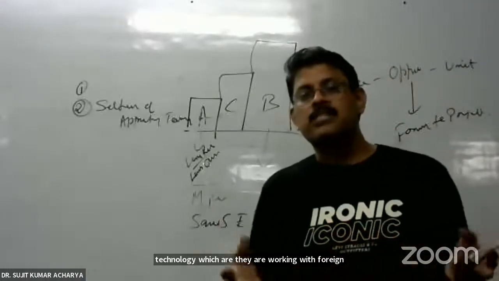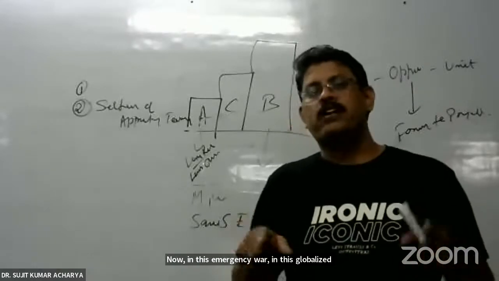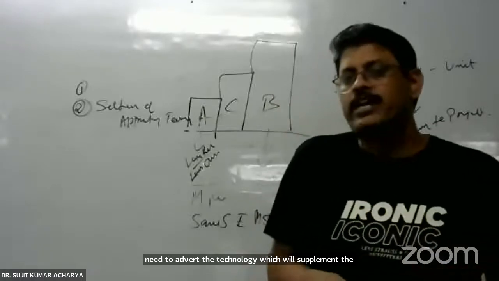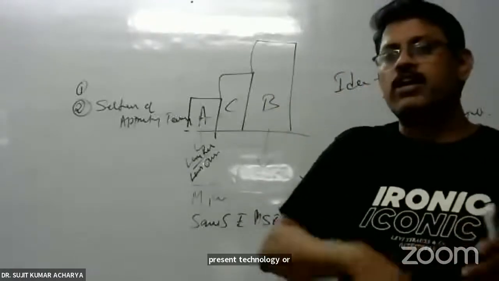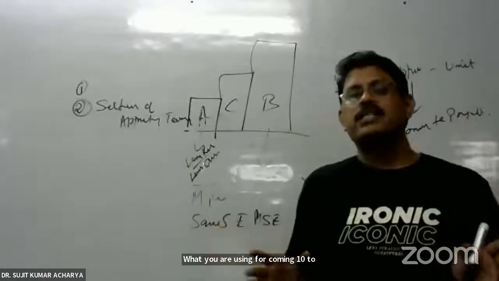In this MNC world, in this globalized world, you need to adopt technology which will supplement the present or outdated technology you are using, for the coming 10 to 15 years. That is how things are happening right now.